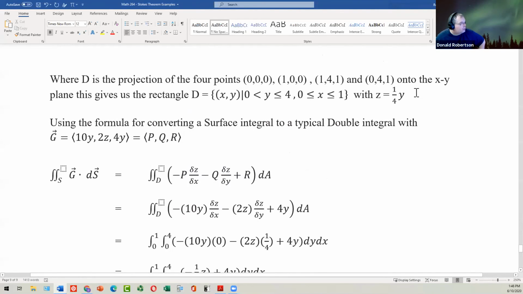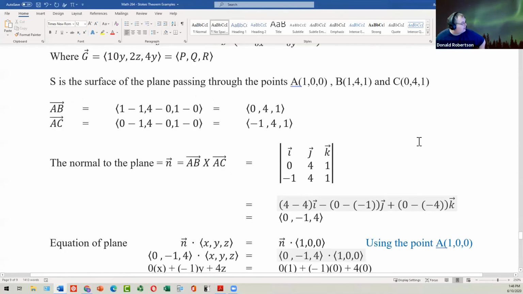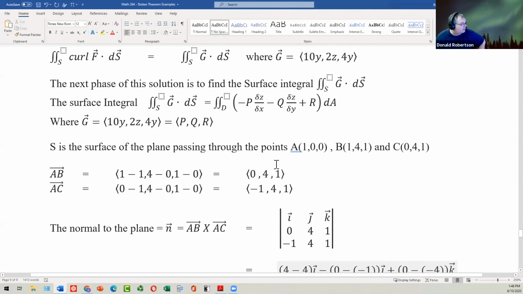If you're thinking about who is Z, I had to do a whole load of work, which I zoom by. We need to know what Z is, the formula for the surface that we've got, because that is the Z that gets used in replacing any Z's that are left over in the double integral, and it's also the Z that you need to find dz by dx.